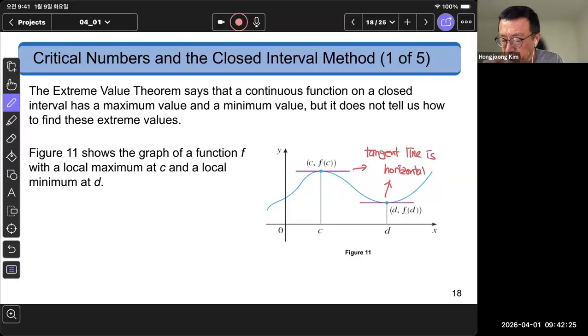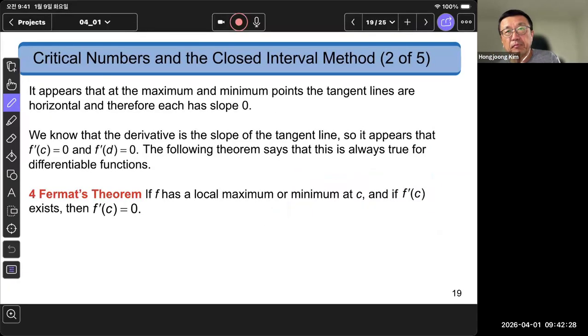Okay, so we have one theorem called Fermat's theorem, which says if your function has a local maximum or local minimum at a certain point, and if you can find the tangent line at the given point, in other words, f prime at C exists, that means you can find the tangent line at the given point.